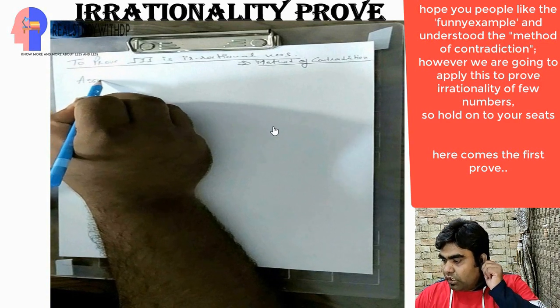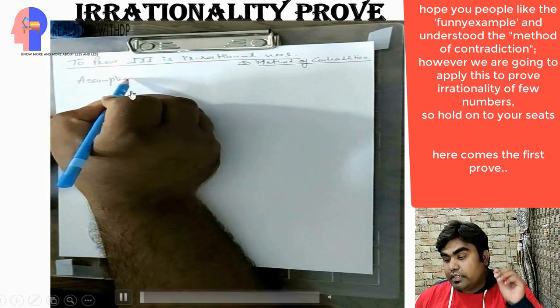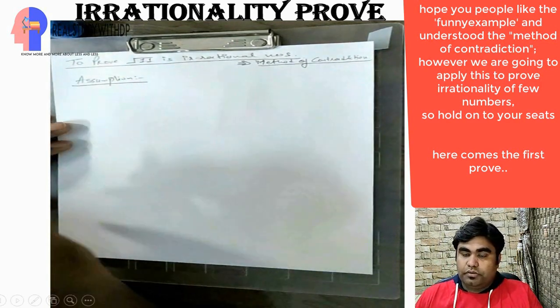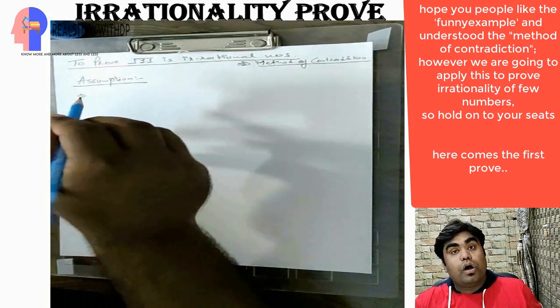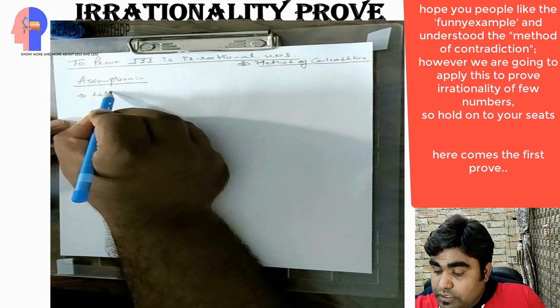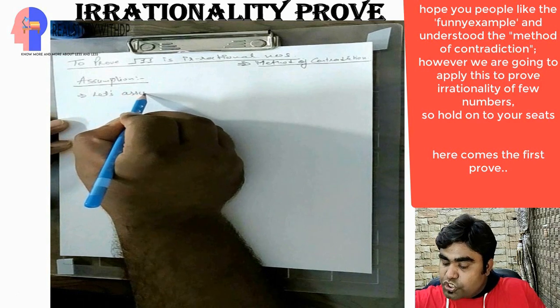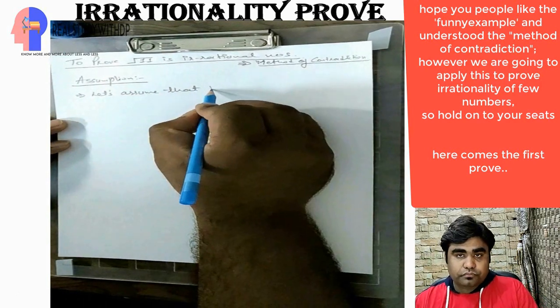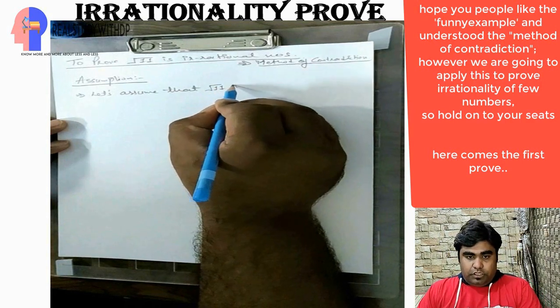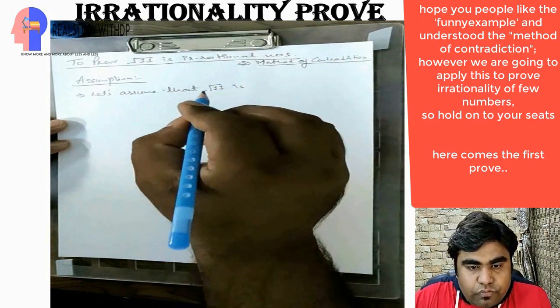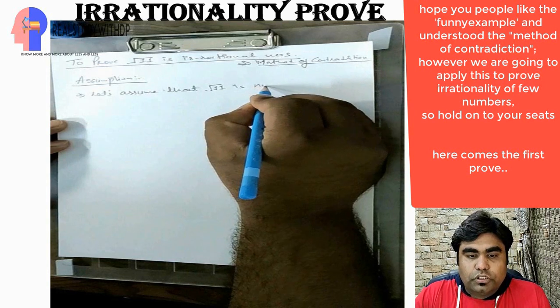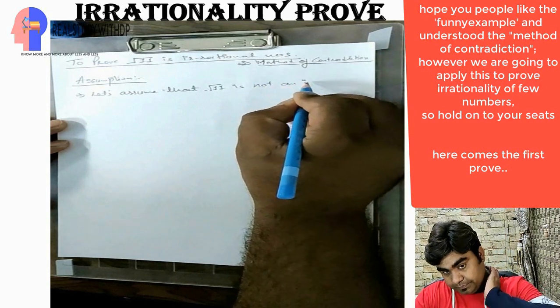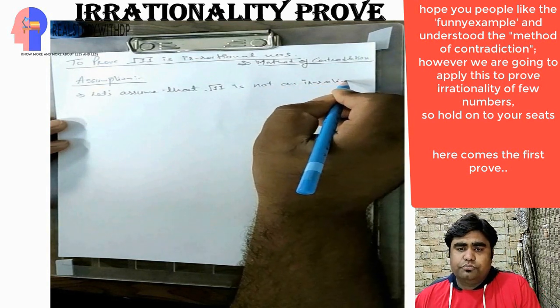So a few of the things which are associated with this, the very first and very important one, is known as the assumption part. Let's see what we have. So what are we going to assume?